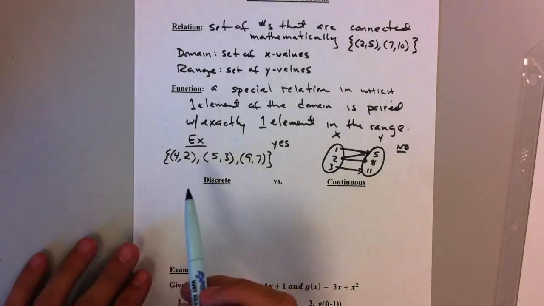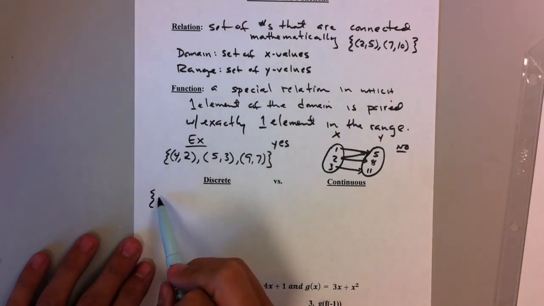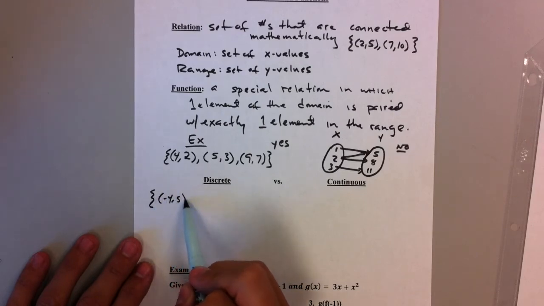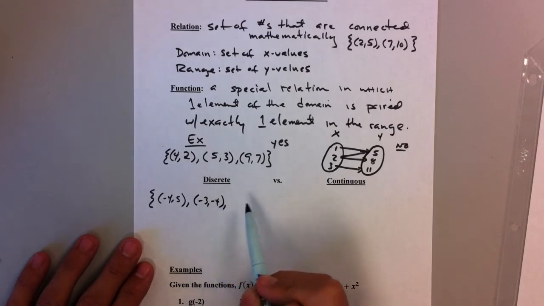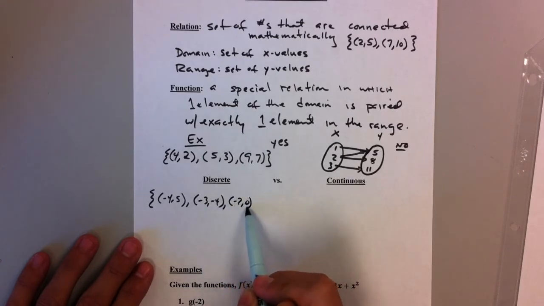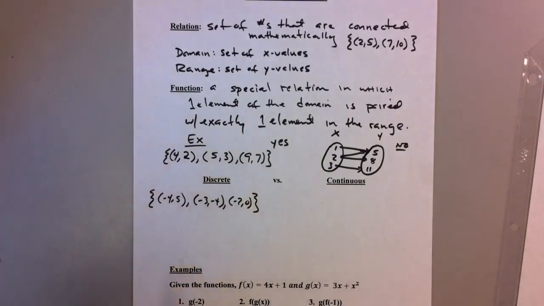For instance, the example I just gave above would be a discrete function where you have a list of coordinates. It has a beginning, it has an end, there's exactly 3 elements, and that's it. There's nothing else to it. That's what we call a discrete function.